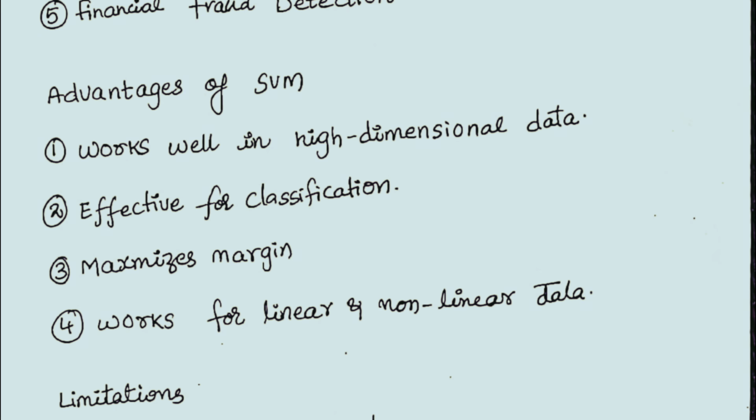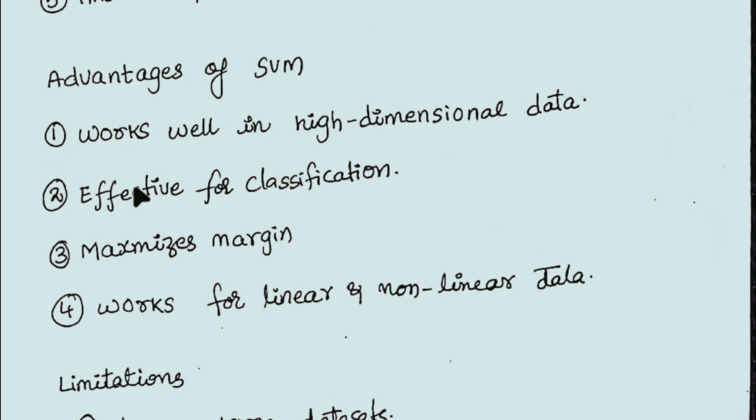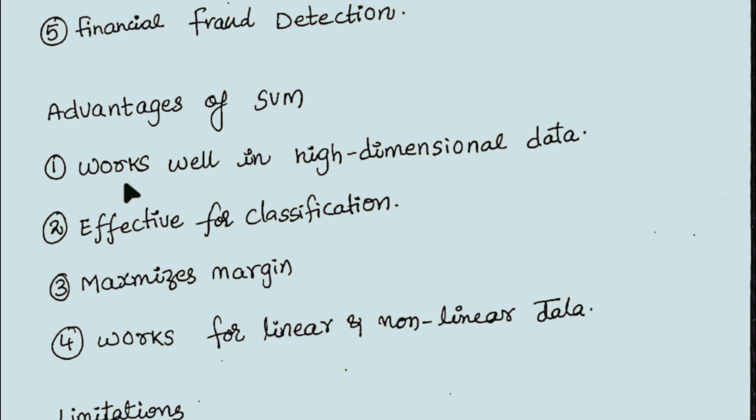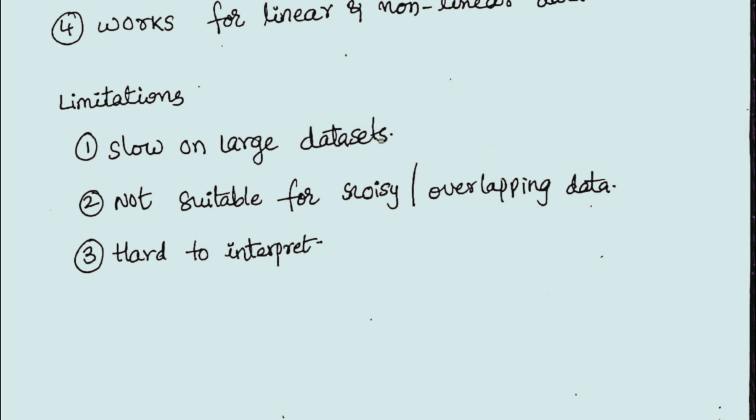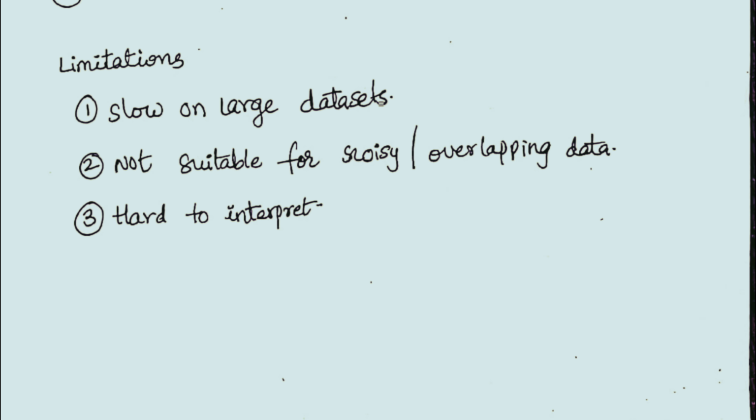And you can observe, next one is the advantages of SVM. Works well in high dimensional data, effective for classification, maximizes margin, and fourth one is it works for linear and non-linear data. Okay, so these are called advantages of SVM. Now what are the limitations of SVM?